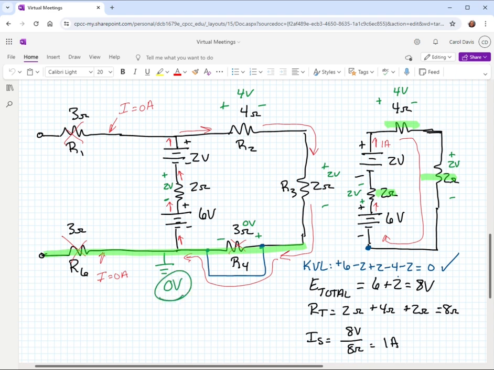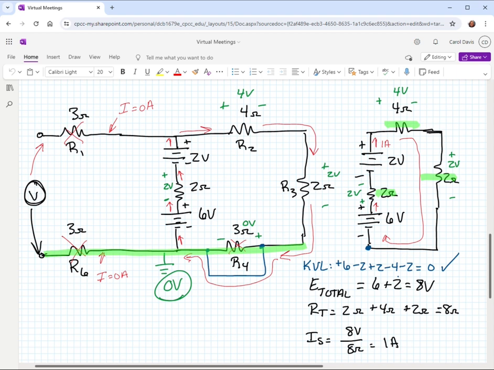It's our reference node. Okay, so what if I were to ask you what the voltage drop would be? Let's say we were going to measure it out here at this open circuit. So we have our red lead here at the top and our black lead down here. Well, let's trace and figure out what our voltage is at those points.